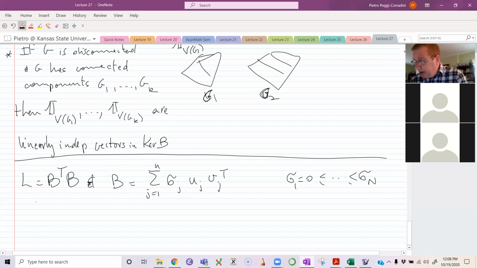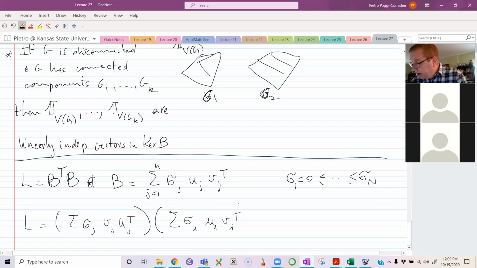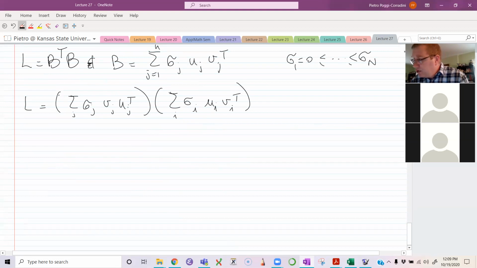But the reason is because when I do L, B transpose B, you're going to get the sum over j of sigma_j u_j transpose, and then sigma_i u_i v_i transpose, summed over i. And when you distribute this sum, the u_j transpose u_i are going to be 0 unless i equals j.